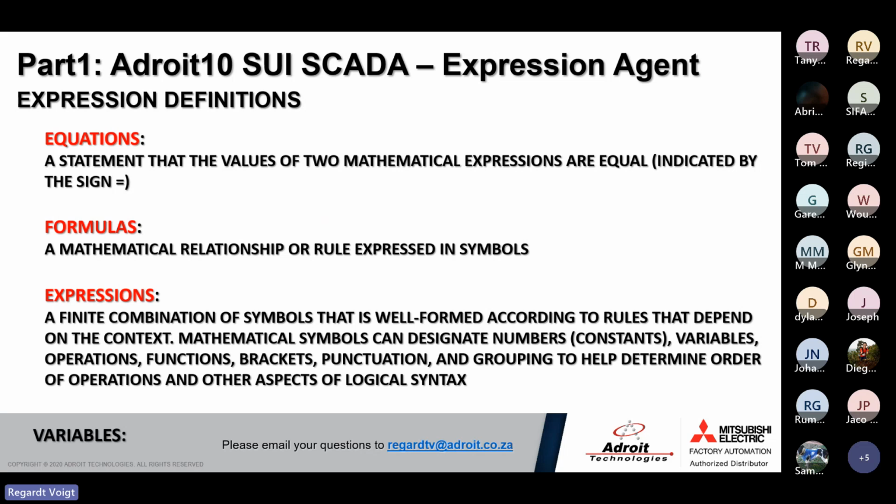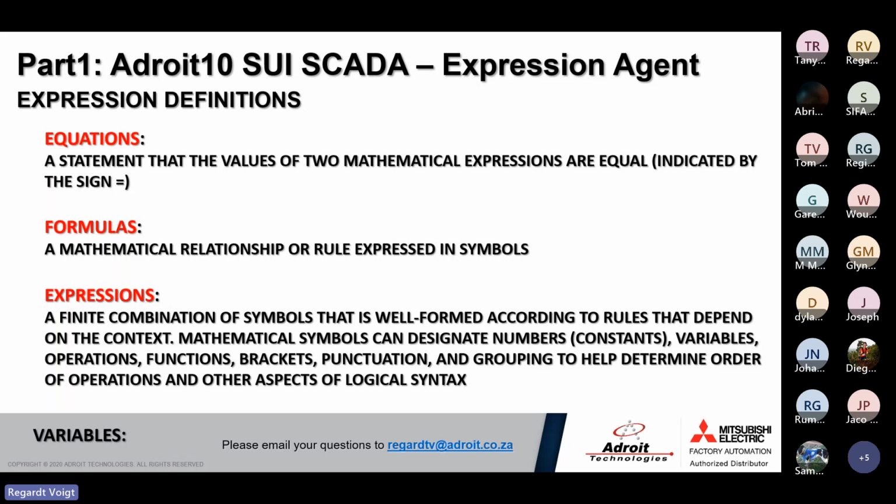Right, so to compile an expression from a mathematical point of view, you first need to understand the components of each of the expressions to combine them to provide the predefined outcome. So equations.